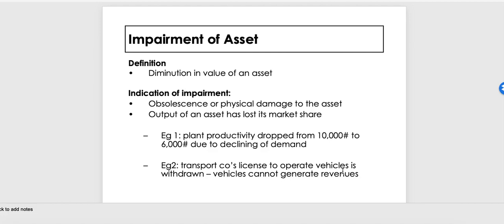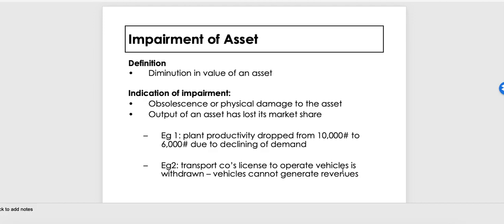It means that the machine that you have now probably needs to be replaced with a more advanced machine to produce a better quality product. So you have to do an impairment test whenever there is an indication of a reduction in revenue.